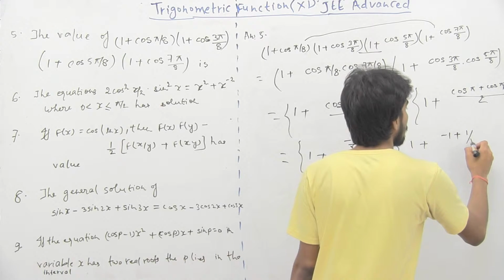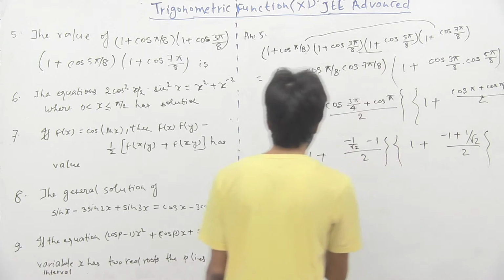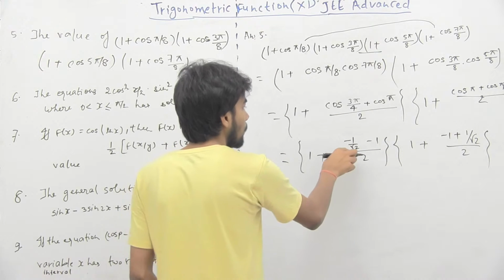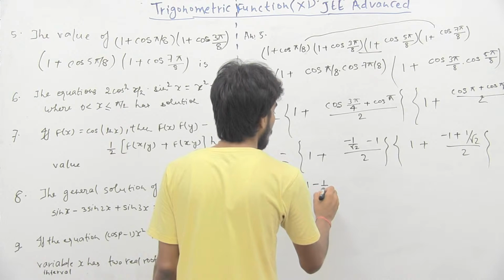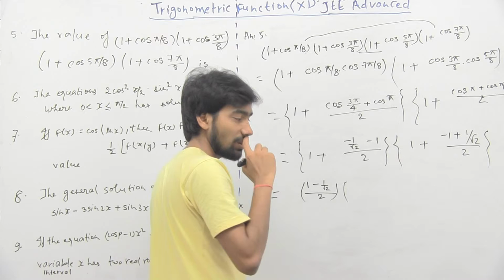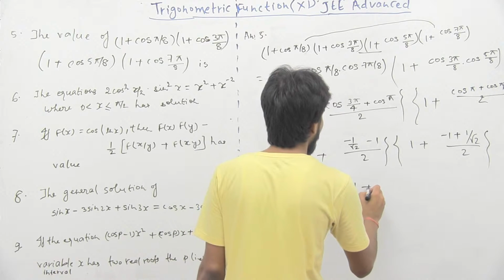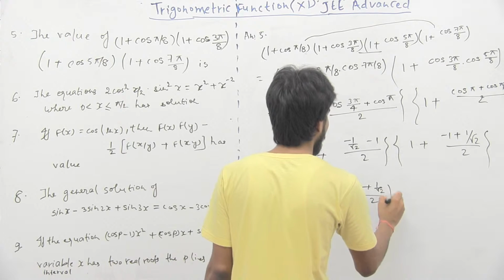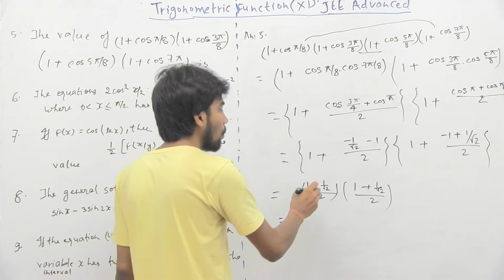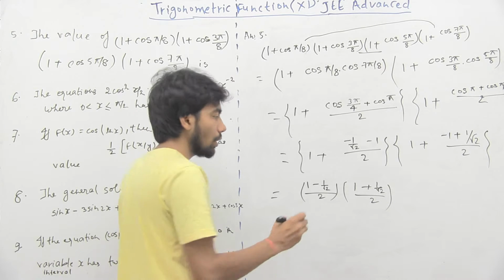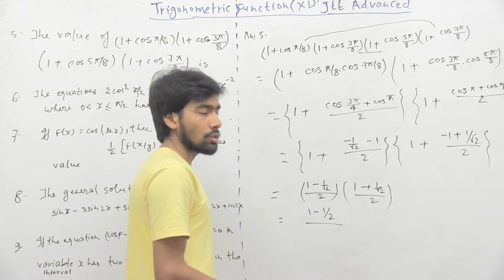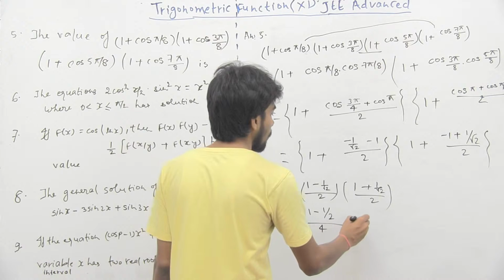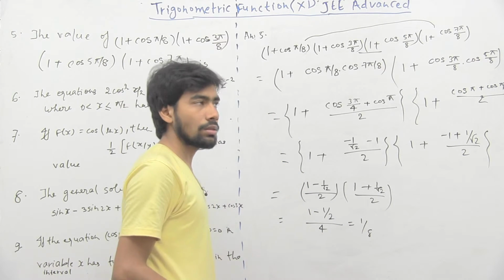So put these values. Now here you can simplify it as (1 minus 1 by root 2) divided by 2, and (1 plus 1 by root 2) divided by 2. Now (1 minus 1 by root 2) into (1 plus 1 by root 2) can be written as 1 minus (1 by root 2) whole square. So here it will be 1 by 8, which is the required answer.